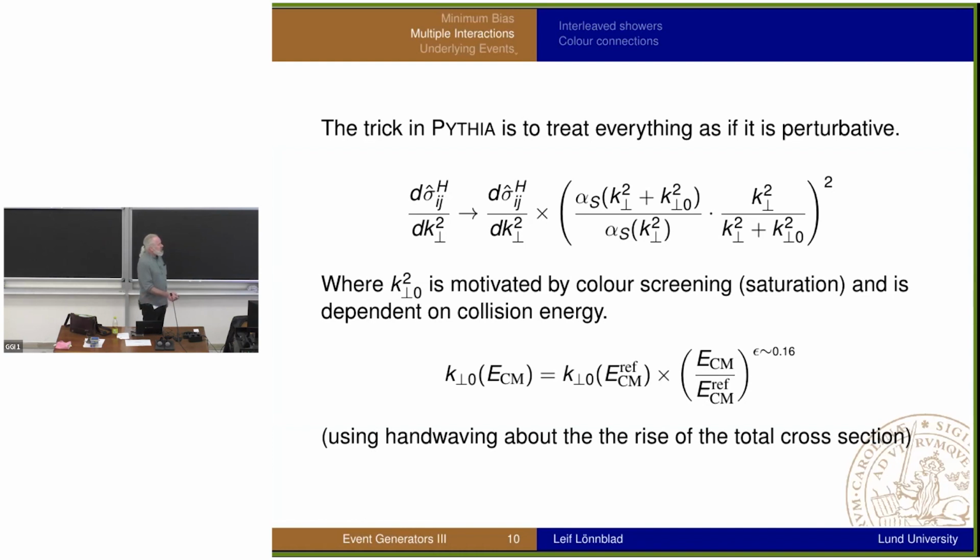And the parameterization of the parameter looks like this, where you have the energy to the power of epsilon, which is around 0.8, which with some hand waving, you can actually relate to the increase of the total cross section, which also increases like S or the energy times a factor like this. So this is what we do.